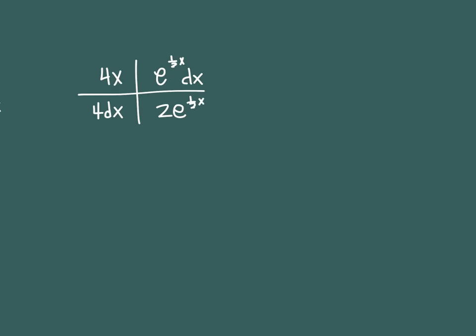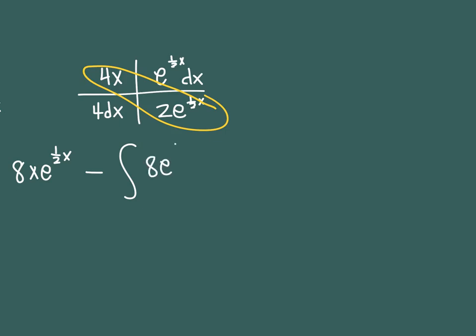Now I set up integration by parts for this one. We'll combine the u and the v, which will give me 8x e to the half x minus the integral of the next combination, which is going to be 8 e to the half x dx.